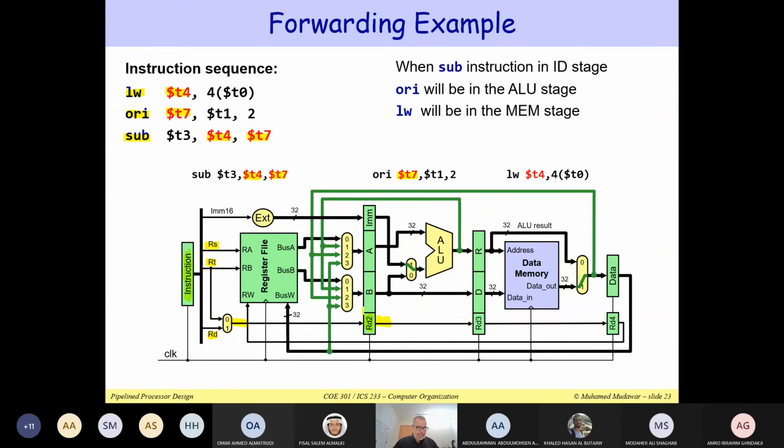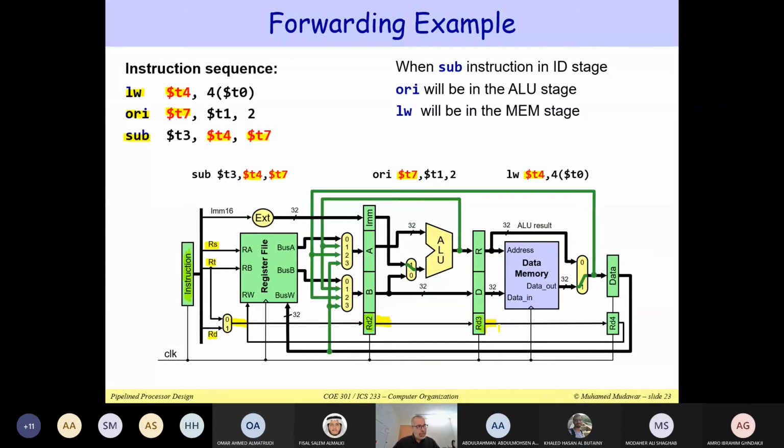And therefore in the next cycle we have moved the instruction into the ALU stage. So RD2 is T7. What is RD3 in this example? What's RD3? T4. Yes, thank you. So that's also the target for the load word. So we already have them in the pipeline.